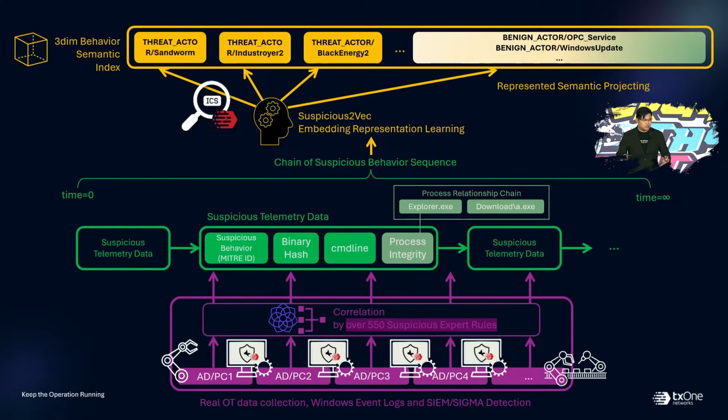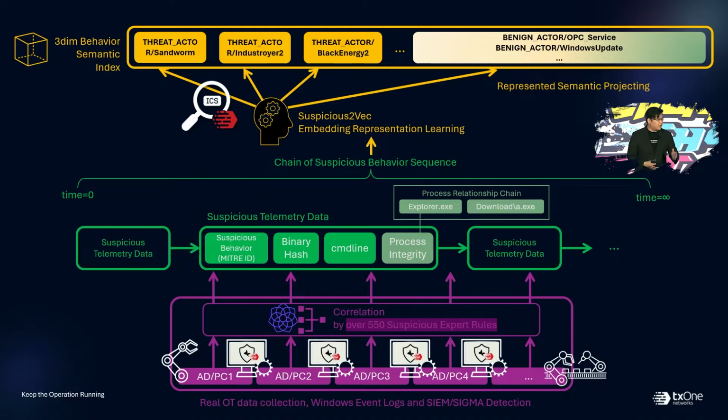This sequence will actually be the process trend and capability trend input to our model, the suspicious-to-vector model. With this input, our output tells us what kind of malware it belongs to. We can identify what kind of worm or what kind of ransomware, and we can leverage our model to identify that.